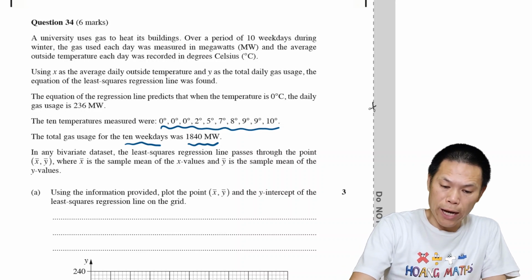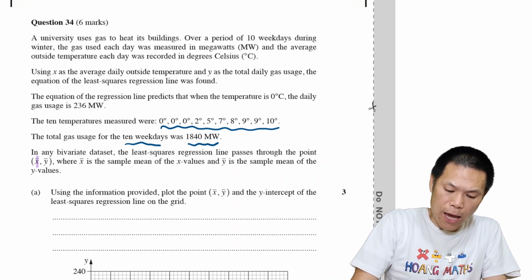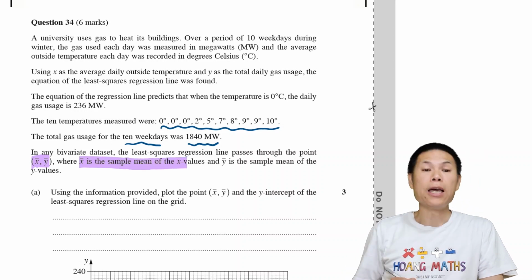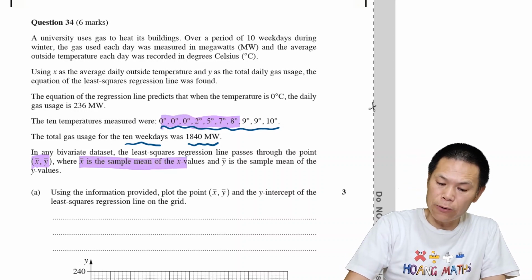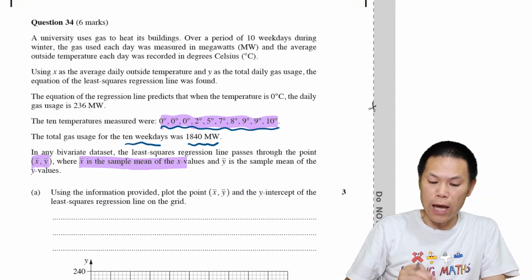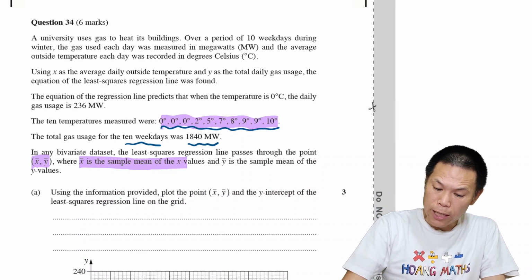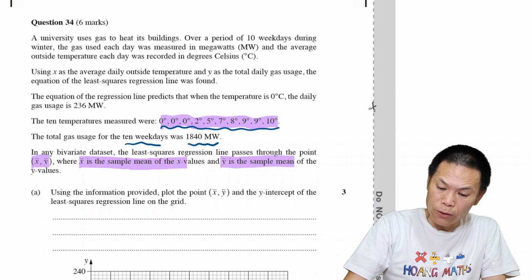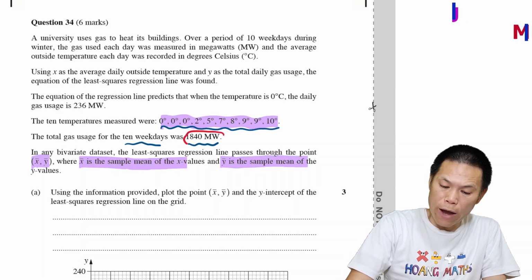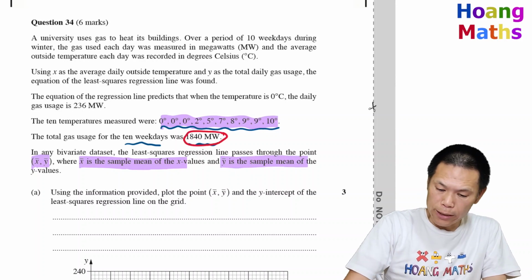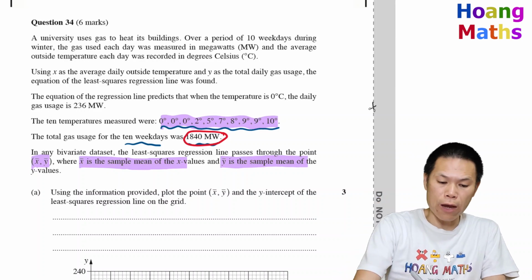We need to work out x bar and y bar, the sample mean of the x values. So we find the average, or the mean if you like, of that, and the mean of the y values. The total of the y values for 10 days is this, so we can work out the average of that.